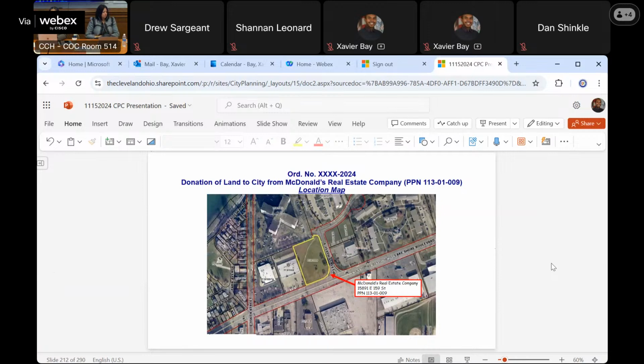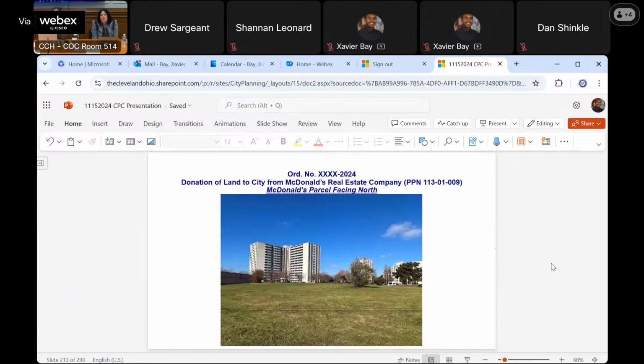This parcel is bordered by residential structures to the north and to the east, making it a relevant location for a city park. It will also provide use for a parcel that's been vacant for over a decade.